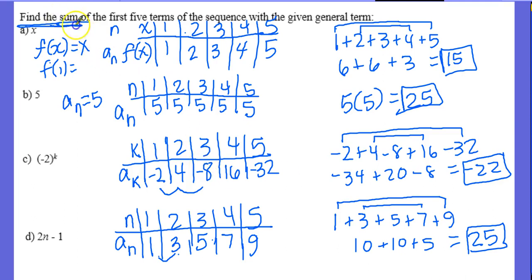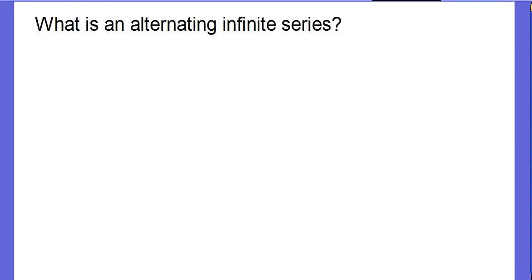So basically you're asking for a series by adding the terms in your sequence. All right, last thing. What is an alternating infinite sequence? It's not finite, it's infinite, going on forever and ever and ever. What is it?